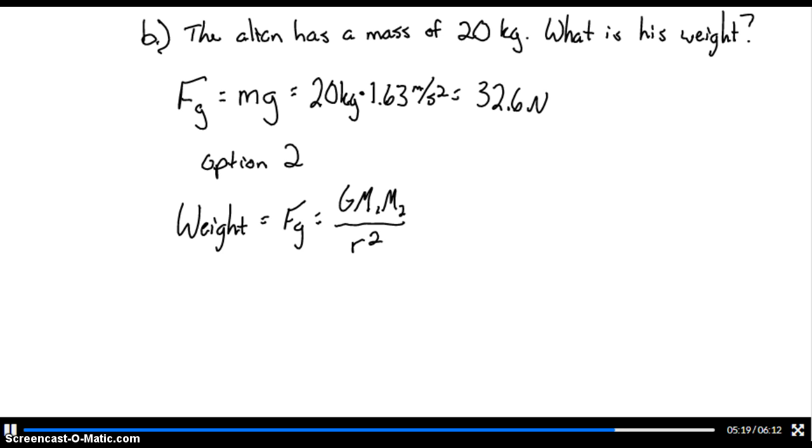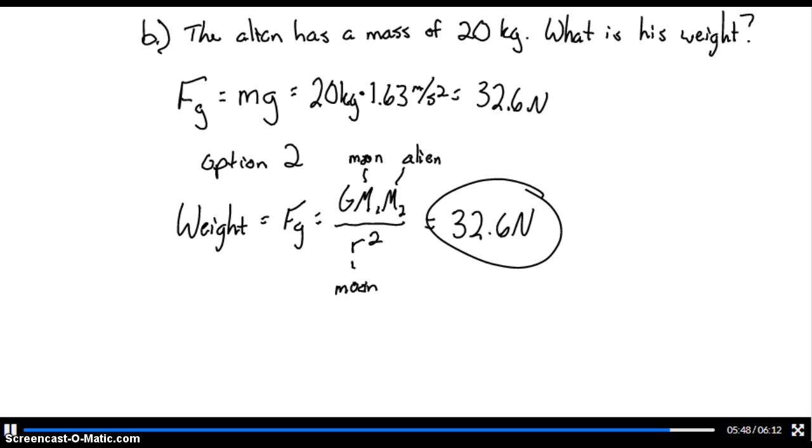So I would be talking about the mass of the moon, the mass of the alien, and then the radius of the moon. We plug that in, and guess what? We get the exact same thing, 32.6 newtons. How about that?